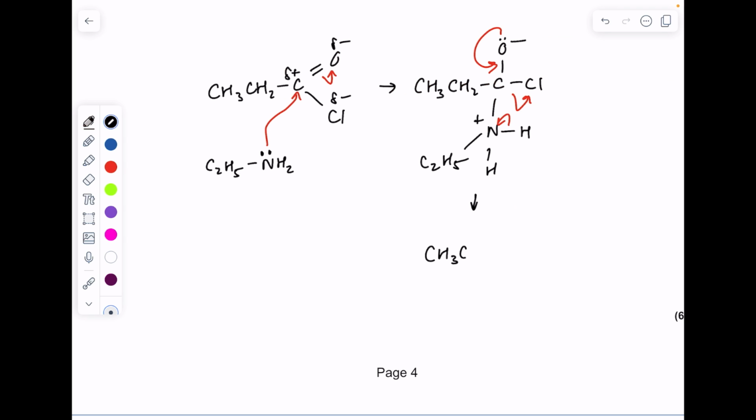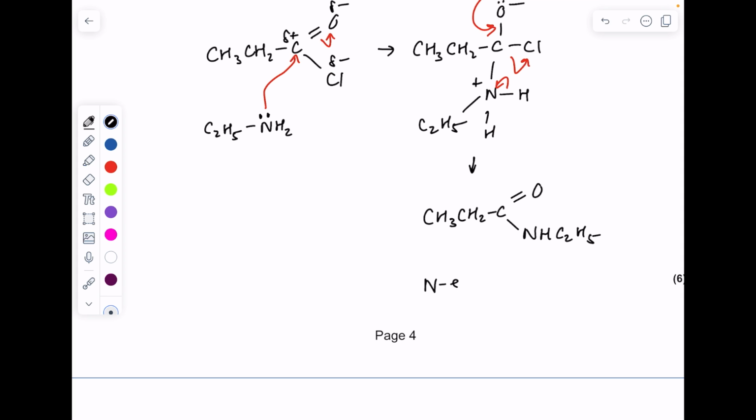Deprotonation occurs. What is the name of this? Well, it's an N-substituted amide, N-ethylpropanamide. So the propanamide bit comes from the 3 carbons here, the N-ethyl comes from here.